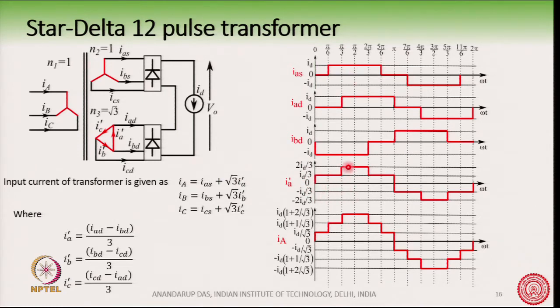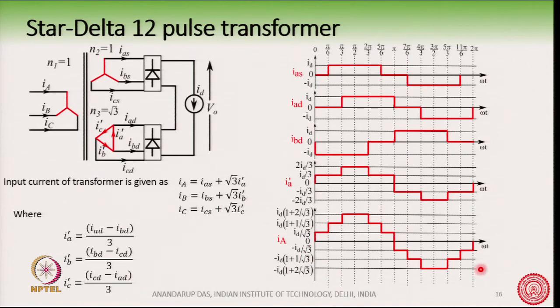If we multiply this waveform by root 3 and add it to this waveform, you can do it yourself and you will find that I capital A has a waveform like this. You can do this exercise yourself. So, I capital A waveform is something like this.